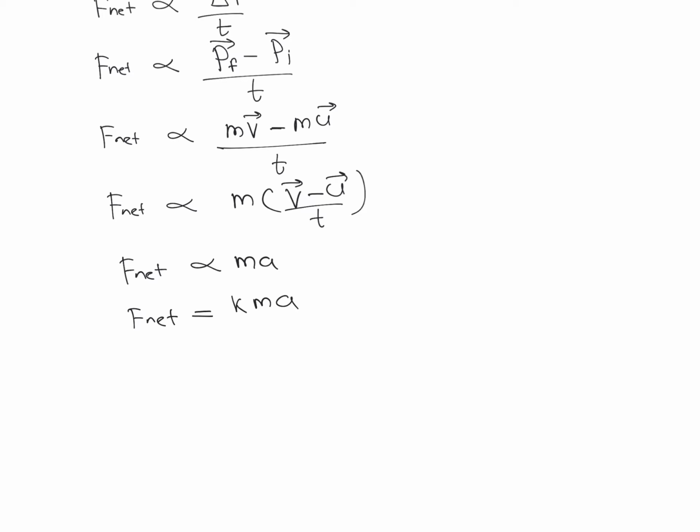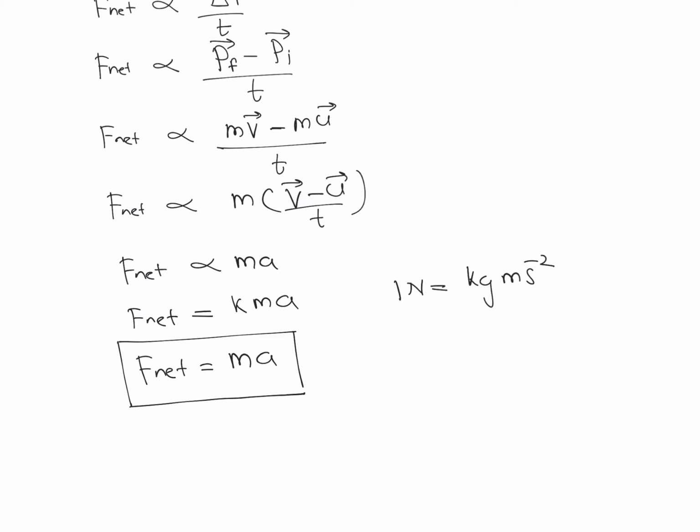Here the unit of force is taken as 1 Newton, and 1 Newton is 1 kilogram meter second raised to minus 2, so that we keep the value of this constant as 1. So net force is equal to mass into acceleration.